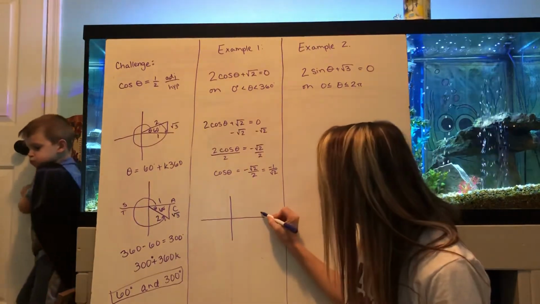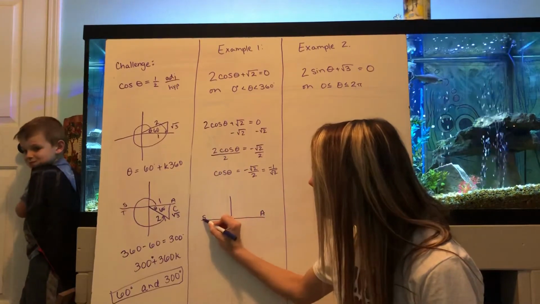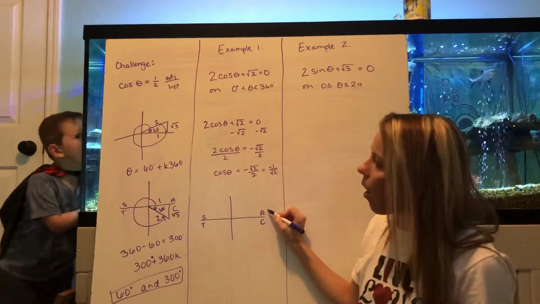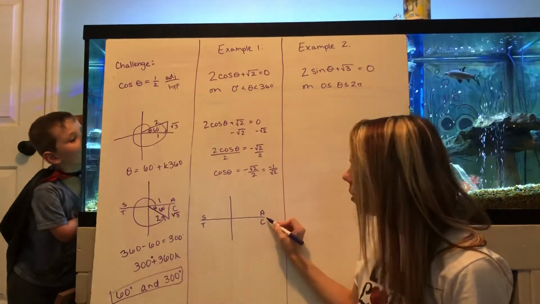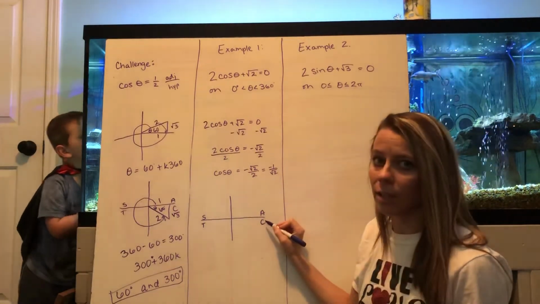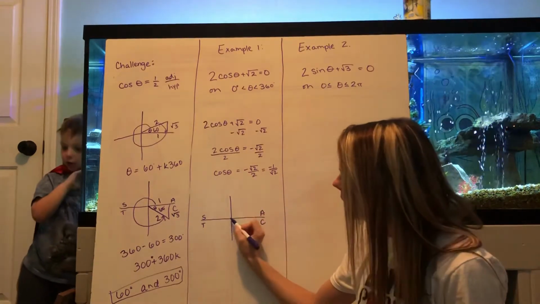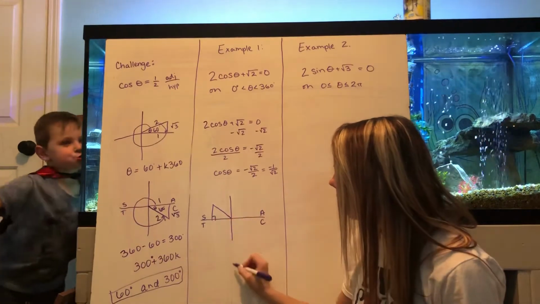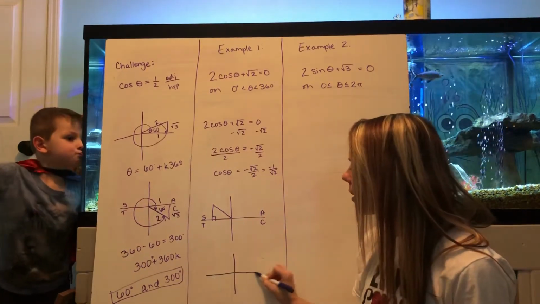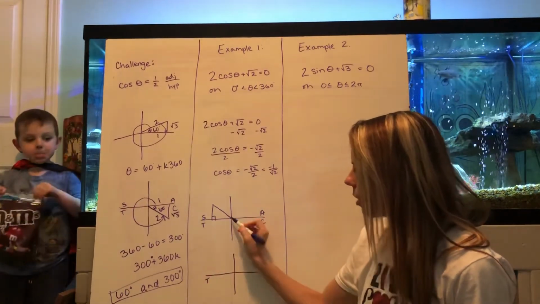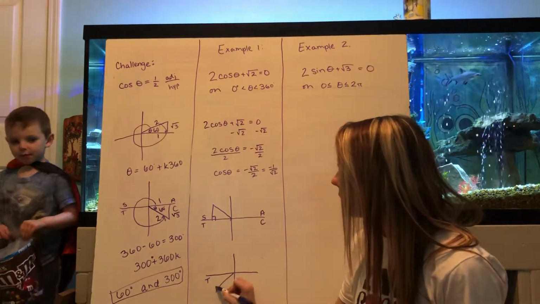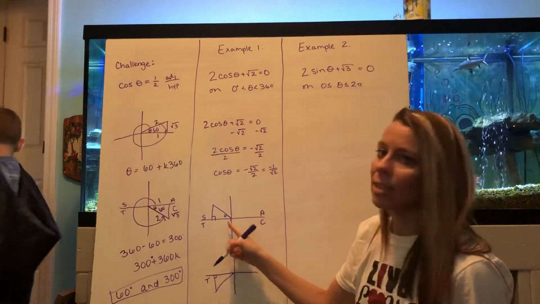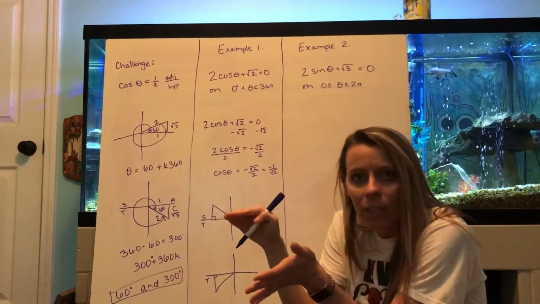If I write out All Students Take Calculus, all of them are positive here, cosine is positive here, so that means cosine would be negative in this quadrant, so that's going to be one solution. Cosine is also going to be negative in this quadrant. Notice that in both those quadrants, whenever you put the angle in, the adjacent side would be going negatively.